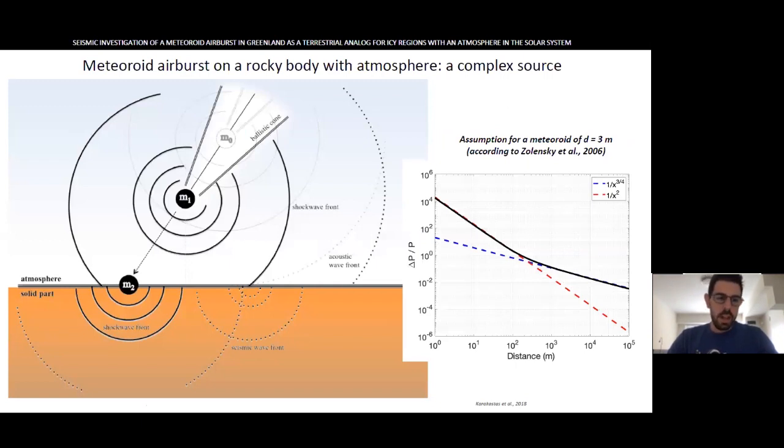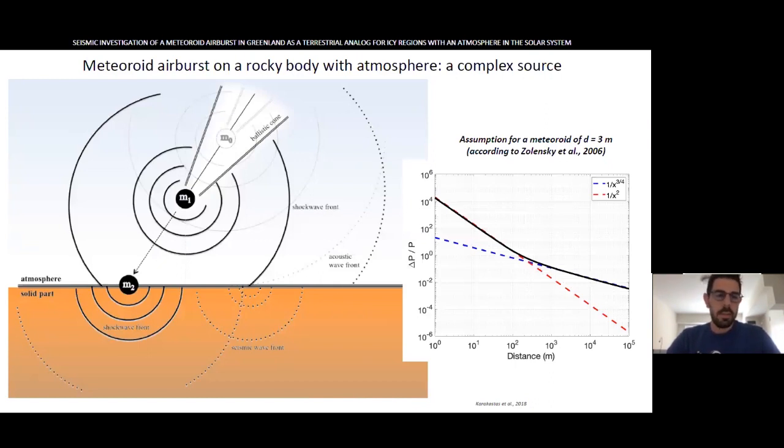When the meteoroid enters the atmosphere of a planet, it generates a ballistic cone due to its supersonic velocity, due to the friction of its material with the ambient atmosphere.